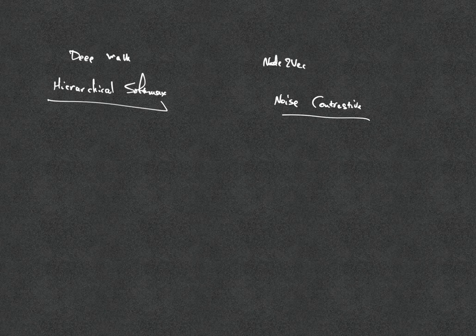One thing about these two approaches is that deep walk randomly samples the random walks, but Node2Vec also provides the flexibility and the option to choose random walks that are more akin to breadth first search or DFS, or depth first search. And also in other domains of machine learning, we can see that noise contrastive estimation has been in a lot more use than, for example, hierarchical softmax.